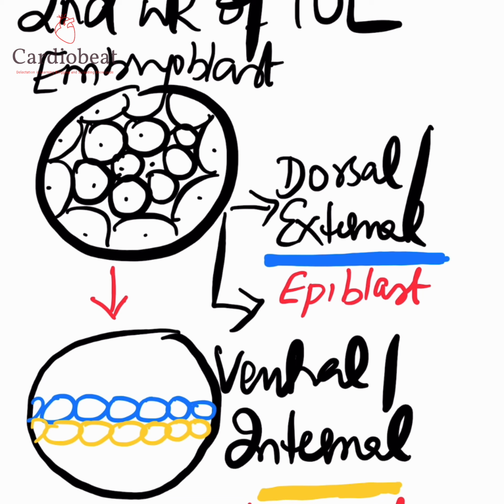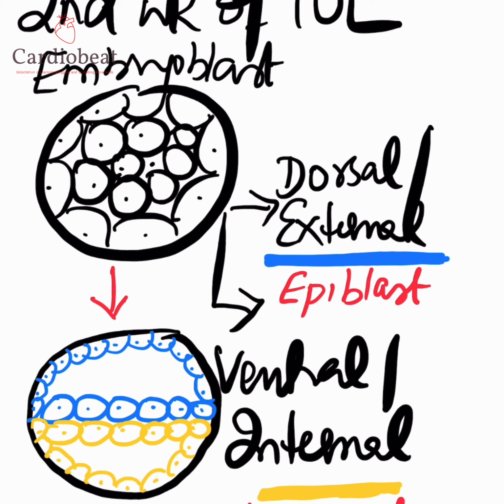The epiblast starts giving off newer cells, and these newer cells migrate away from the epiblast, forming a ring around it. Similarly, the hypoblast secretes newer cells which also start migrating away from the hypoblast.